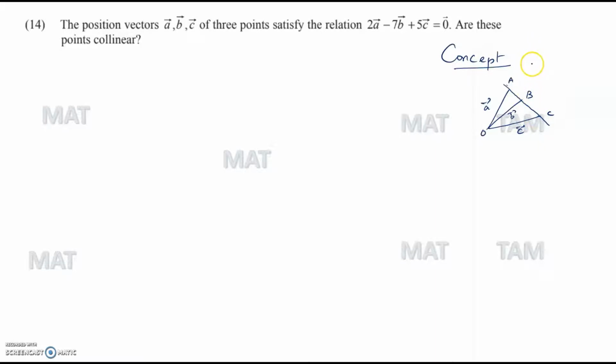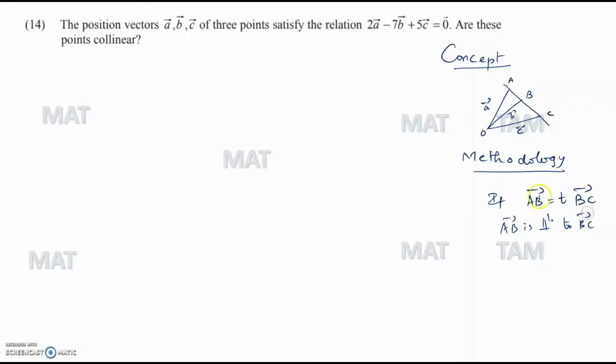The methodology that we would follow is, if AB vector can be written as t times BC vector, then AB is parallel to BC, and since B is a common point, they are collinear. So this is the methodology that we're going to follow.